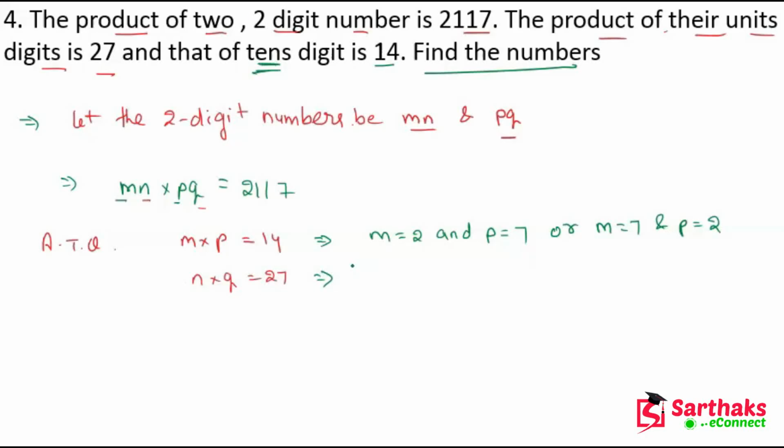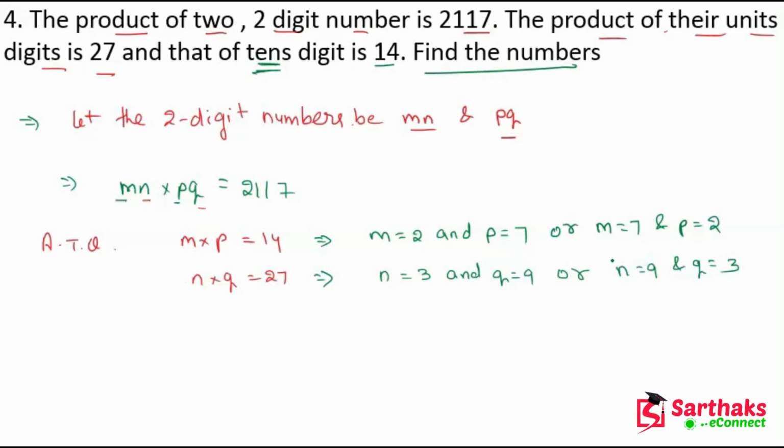Now if n into q is 27, then n should be 3 and q should be 9, because 3 into 9 is 27, or n should be 9 and then q should be 3. 9 into 3 is also 27.